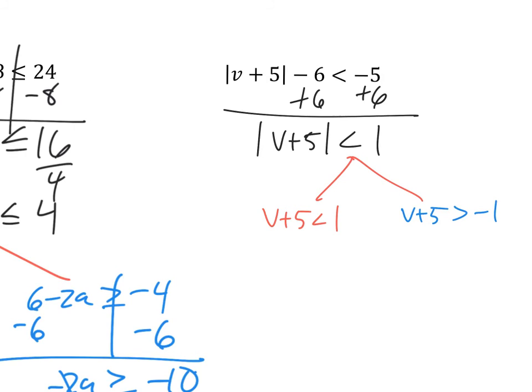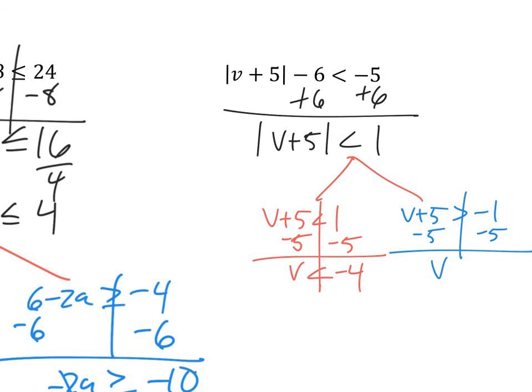All right, finally we need to solve to get the variable v by itself. Why did I subtract 6? I do not know. Okay, we want to subtract 5 on both sides. And we get v is less than -4. And we'll subtract 5 on both sides over here too, to get that v is greater than -6.